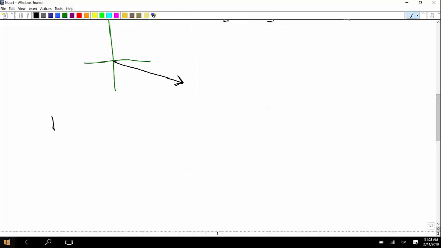And then part B. So now we have a new coordinate system. The x-axis is there. The y-axis is here. The vectors don't change. So that's still A. And that's still B. But you're going to get different angles now.